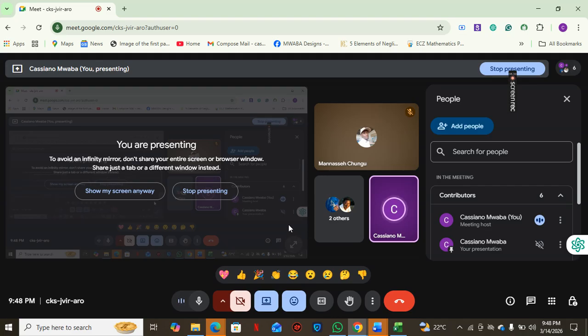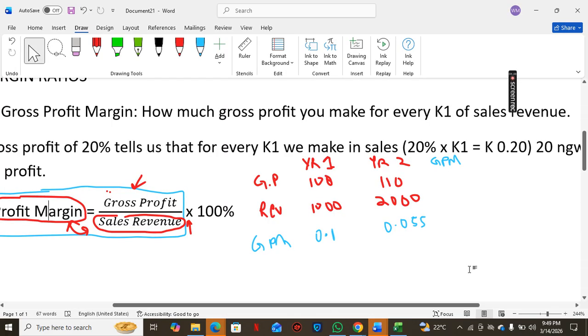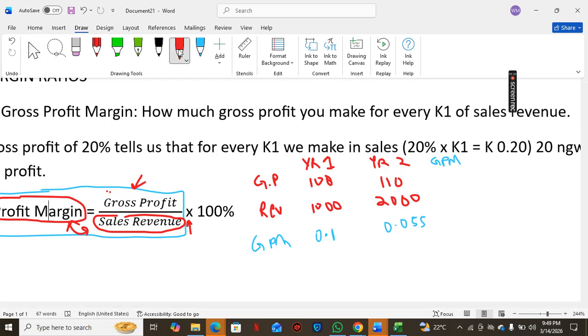Because remember, you're not going to keep all of that sales revenue. There will be costs that will start coming in, like cost of goods sold. Because remember, your gross profit is sales revenue minus the cost of goods sold.